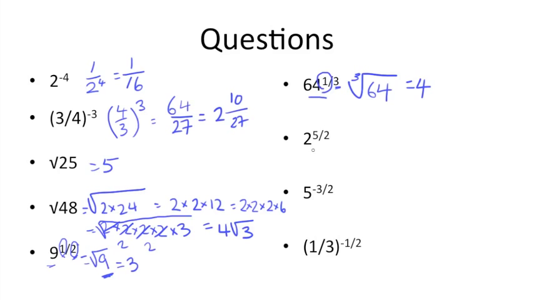Next up, we have 2 to the 5 over 2. So again, we know that this is going to be a square root problem, and it's going to be a square root problem of 2 to the 5th power. So we know that 2 to the 5th power means 2 times itself 5 times.